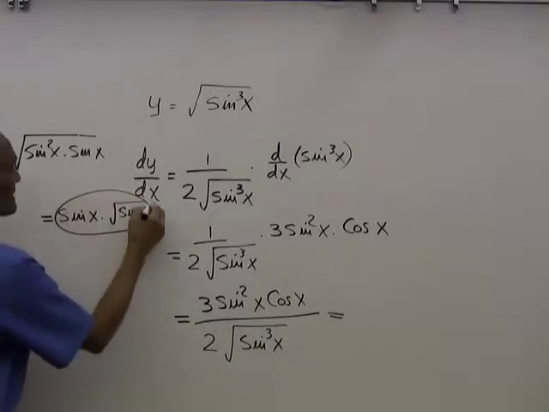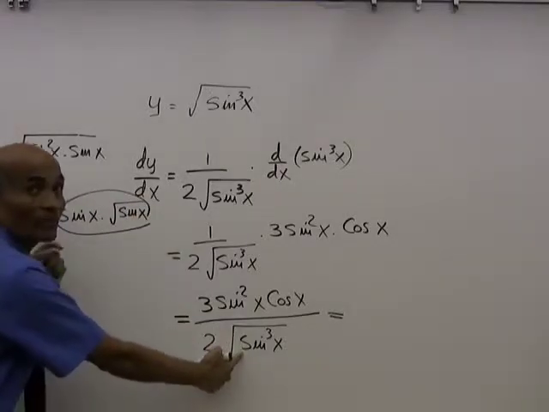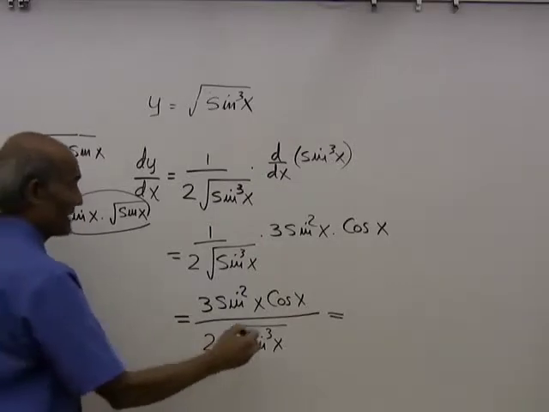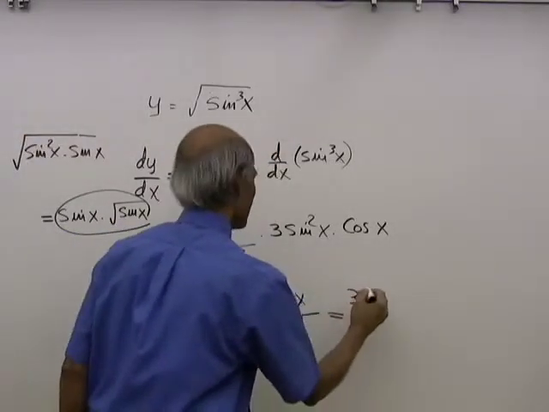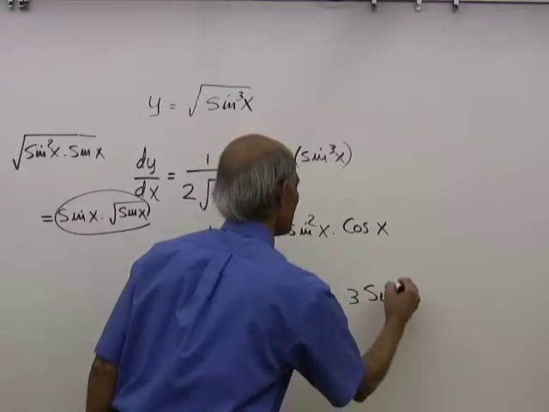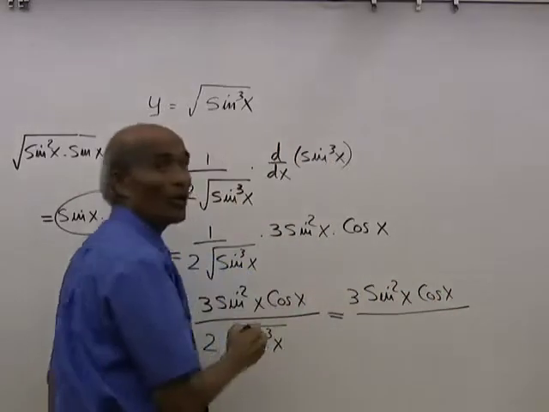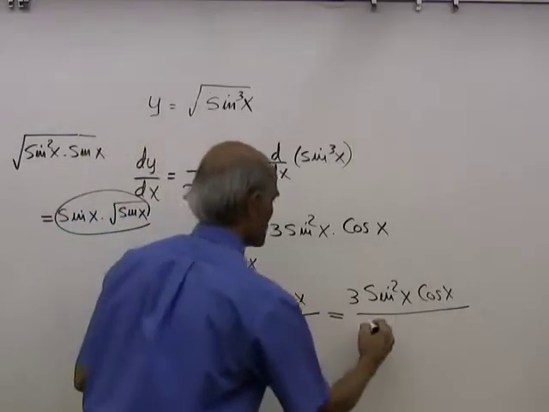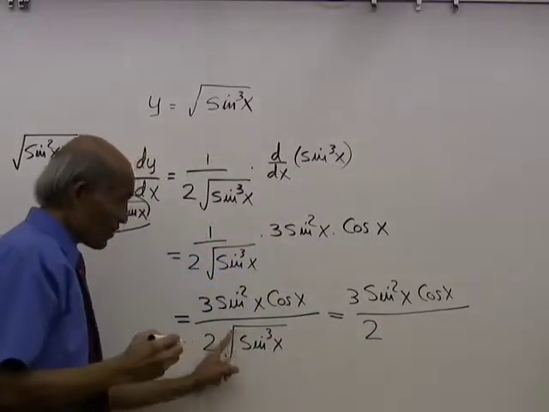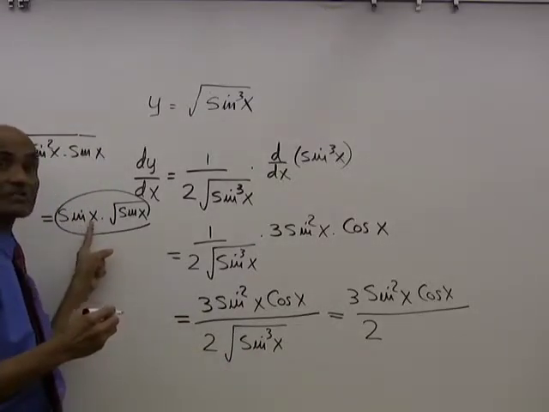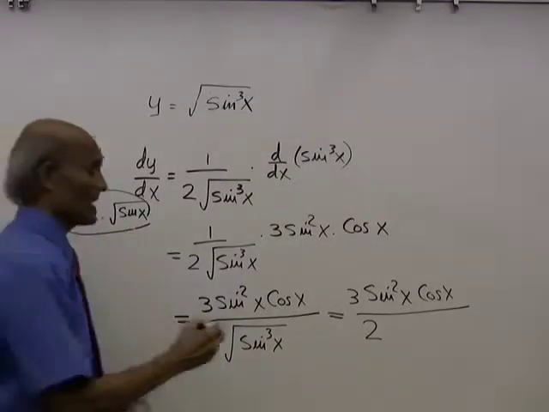So let's replace that. That will be 3 sine squared x cos x all over 2 times sine x times square root of sine x.